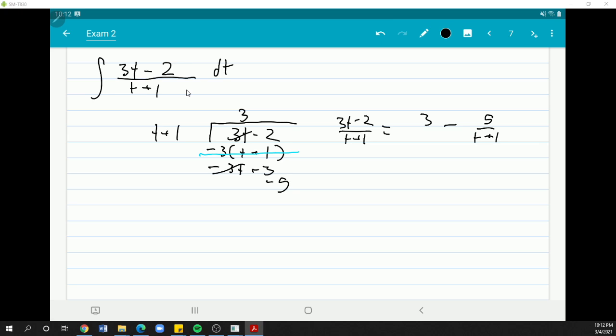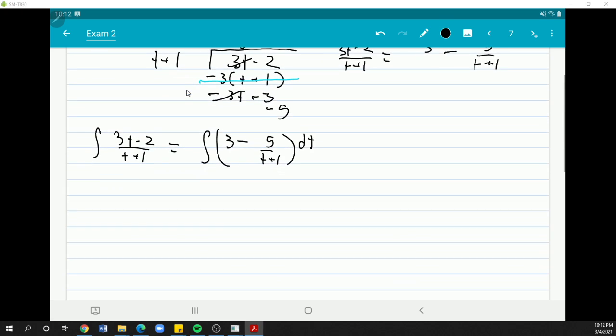over t plus 1. So then the integral of 3t minus 2 over t plus 1 is equal to the integral of 3 minus 5 over t plus 1 dt, equals, integral of 3 is 3t minus 5, integral of 1 over t plus 1, again technically a u substitution, but this is natural log of t plus 1, and then plus c.